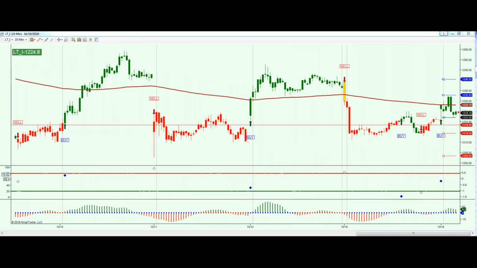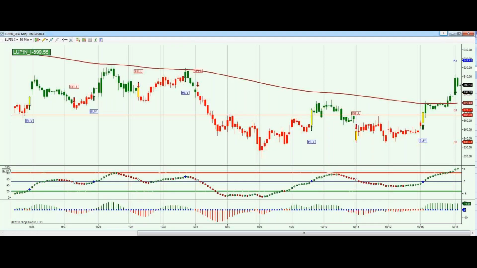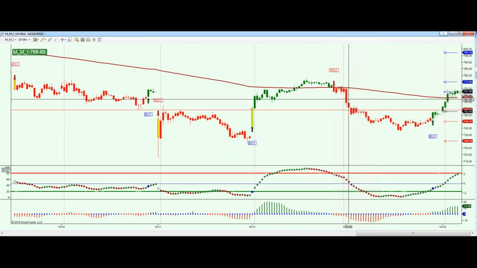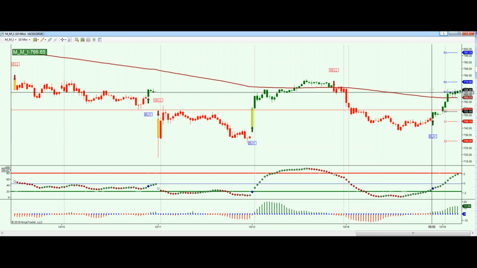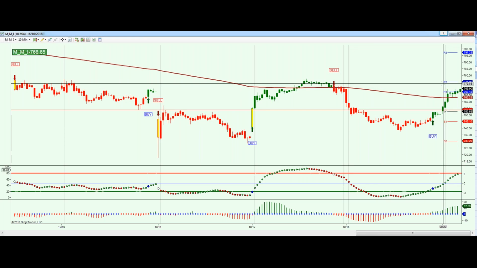So these are some of the trades. That is Lupin for you. M&M, we had a very big sell off yesterday. Today our entry price is at 753. Now it is trading at 769, and your target is 774.